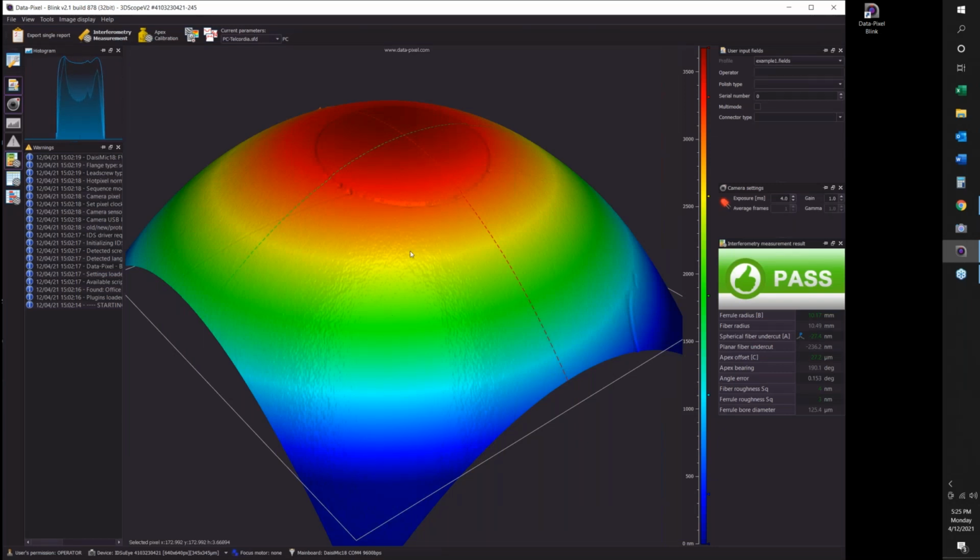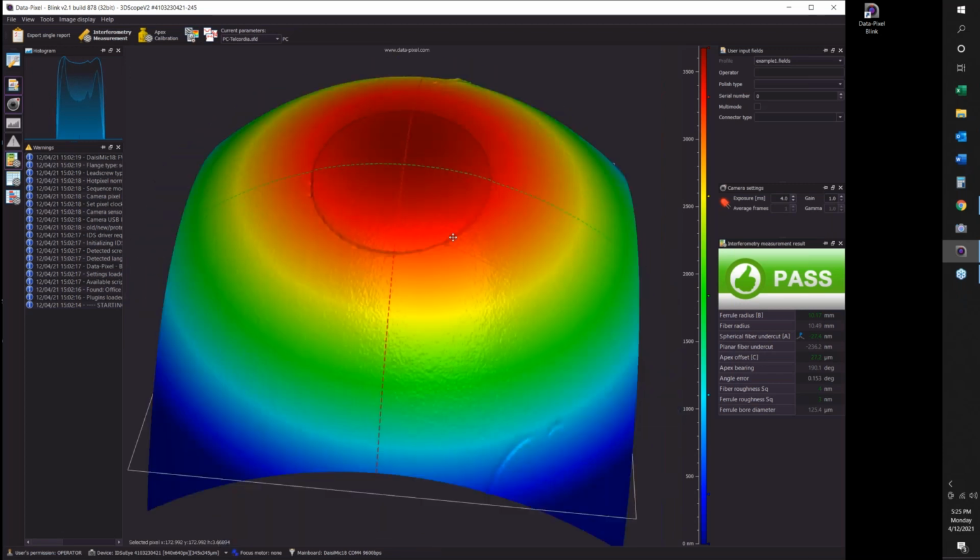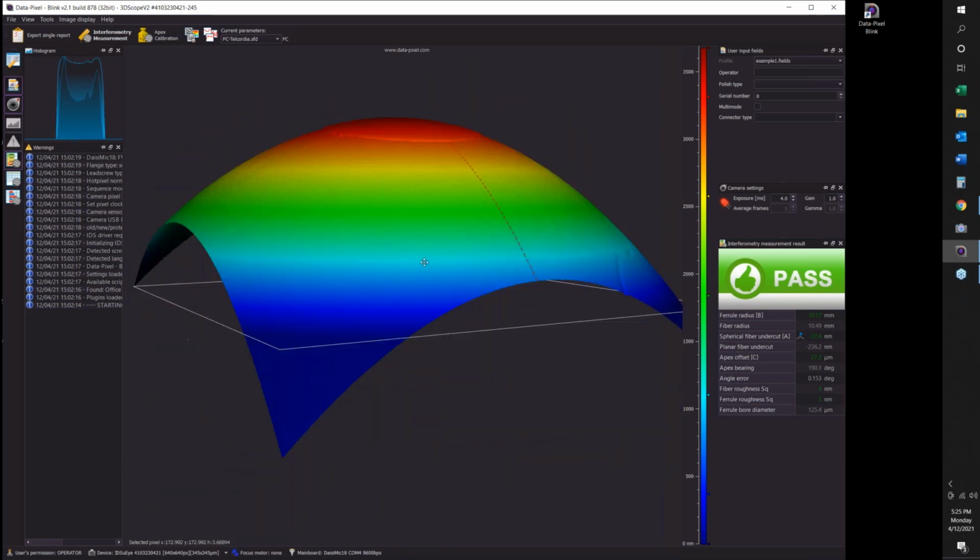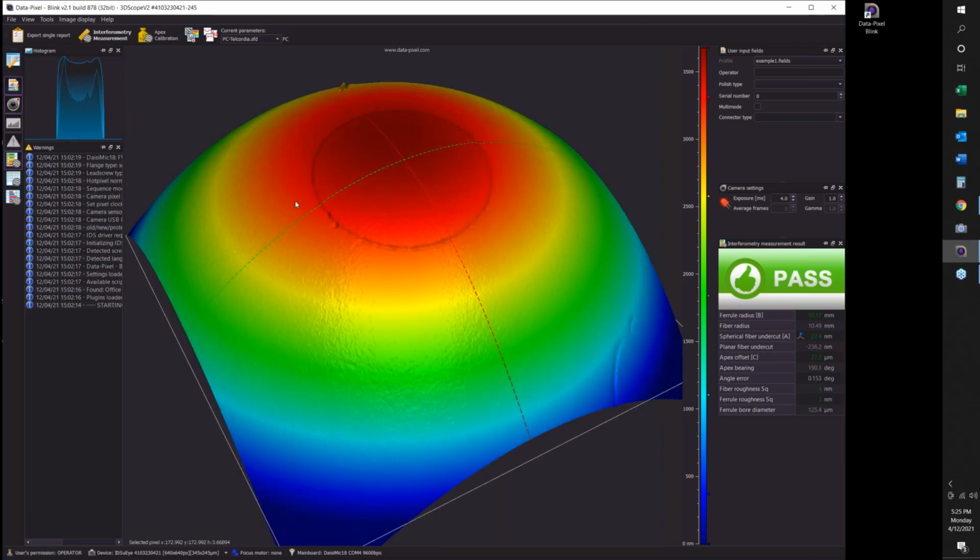Okay, what we've done here is we've blown up the contact. It's actually showing you the surface of the contact. Now, that is the glass that is crossed there. It's giving us a measurement of the radius of the glass and of the ferrule. And we're talking, it's measuring in 1/100 of 1 millionths.